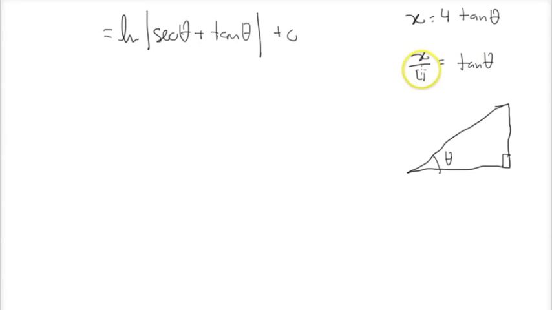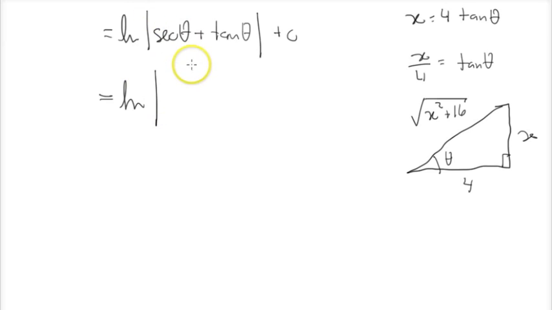So the x corresponds to the opposite side, the 4 corresponds to the adjacent side of the angle, and that means the hypotenuse is root x squared plus 16. So that means we can just directly find these functions in terms of x using this triangle and the definition of trigonometric functions.